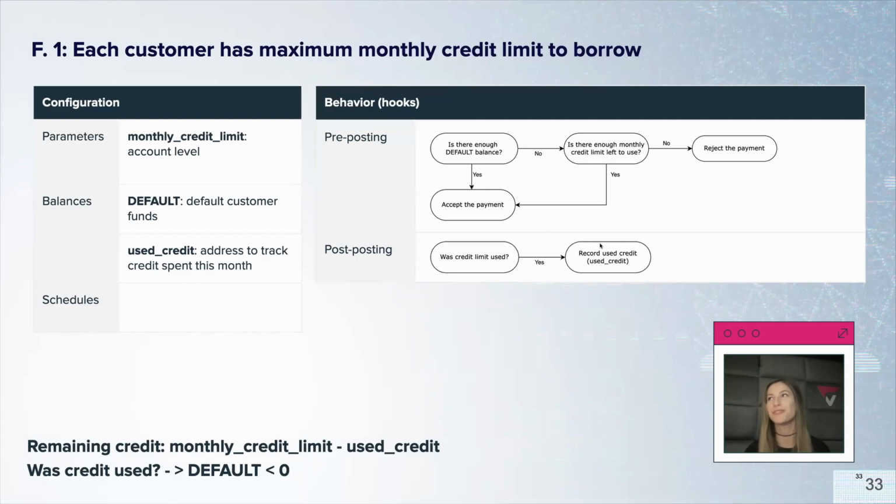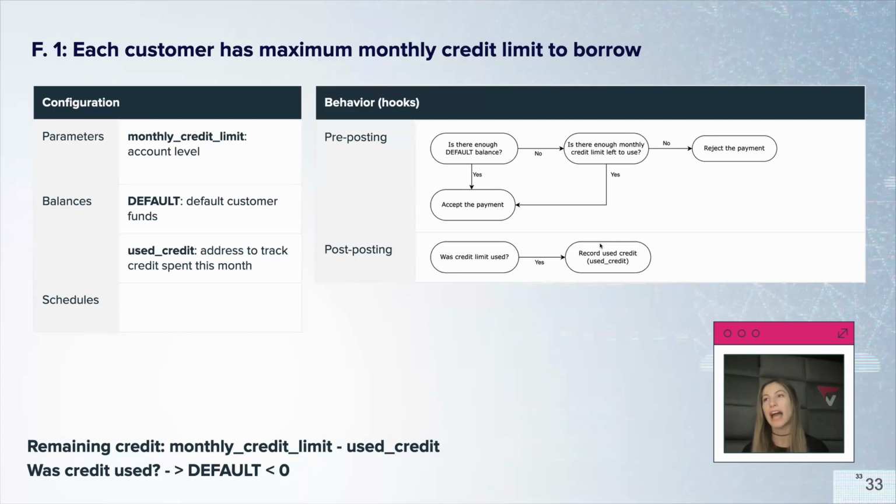And although I do realize that just saying record the used credit may seem a little bit vague at this point, what this means on the implementation level of the smart contract is that I am actually able to create an internal payment, an internal money movement from the bank side of money to the customer side of the money, which will represent the act of borrowing a given amount of credit limit to the customer to perform the payment.